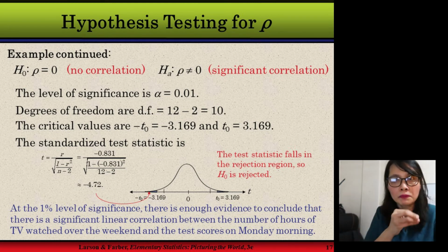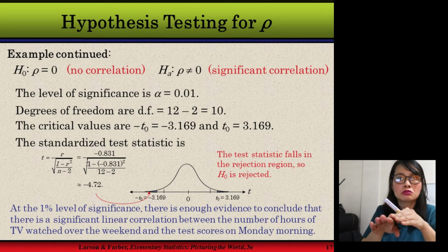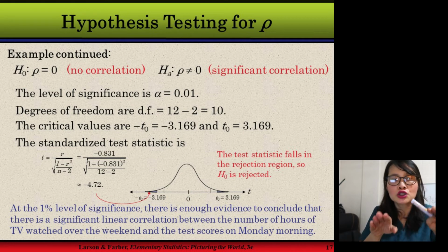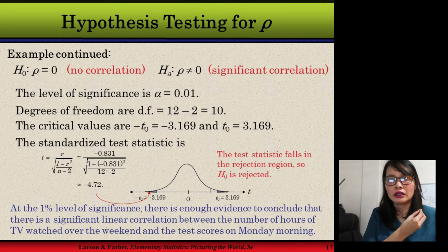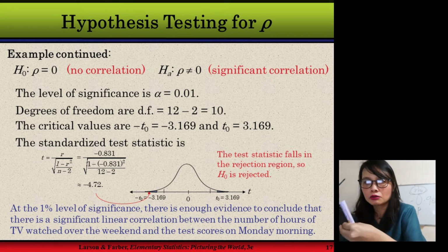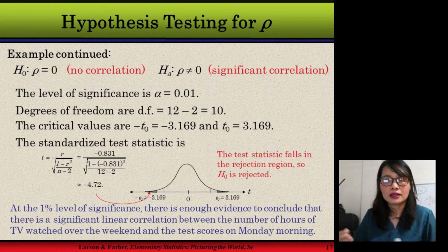For your null hypothesis, population correlation is equal to 0, meaning there's no change, an unchanged statement. It says there's no relationship between the two given variables, no significant correlation. But the researcher said, no, there is a significant relationship. So that's how we test correlation.